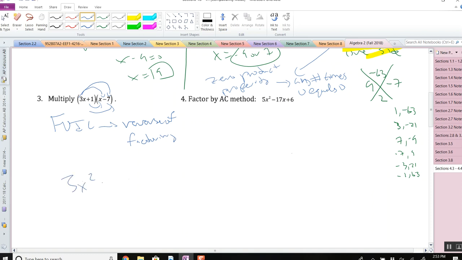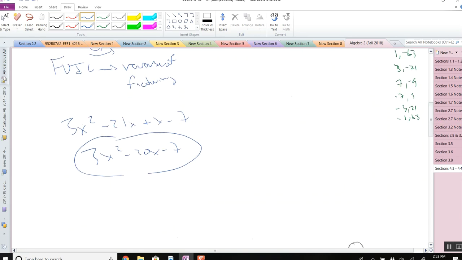So you get 3x squared minus 21x plus x minus 7, 3x squared negative 20x minus 7. There you go. And if you factor it, you would get back to that. In fact, if I were to factor it, I would do this.